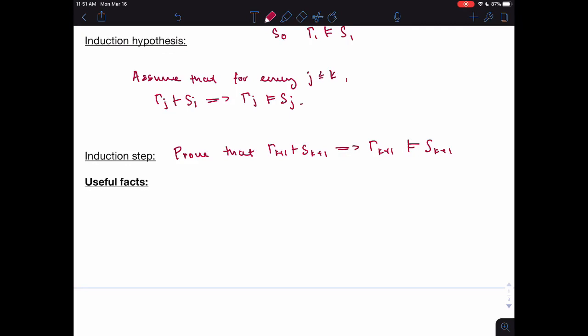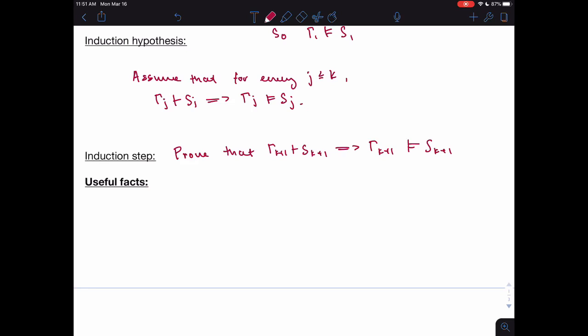The induction hypothesis assumes that the claim holds for everything up to and including k. And then in the induction step, we prove that the claim holds for k plus 1, the next point in the series.